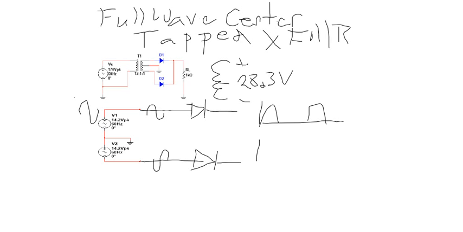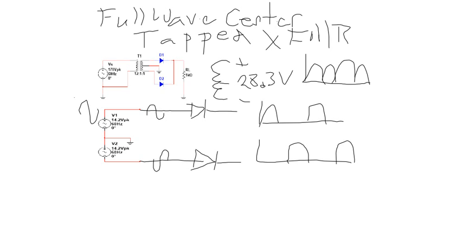So I get a positive half cycle there and there. And then I tie those together. Those should all be the same level. I get a full wave rectified signal, but with half the voltage.